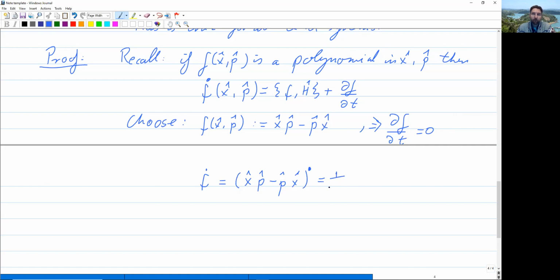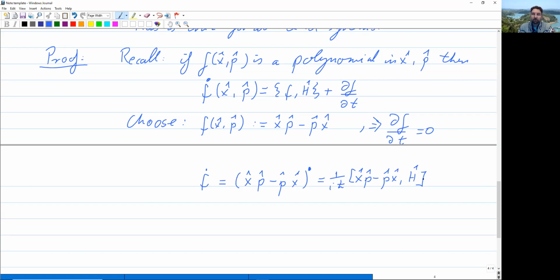So it's 1 over i h bar, and then it's the commutator of x hat p hat minus p hat x hat with the Hamiltonian. Sorry, I'm mixing up here the Poisson brackets and the commutators, but remember that in quantum mechanics, they're just proportional by a factor of i h bar.